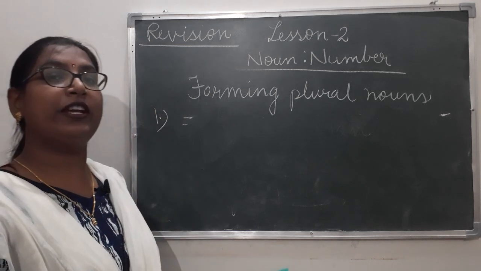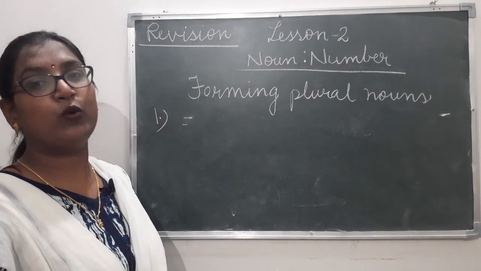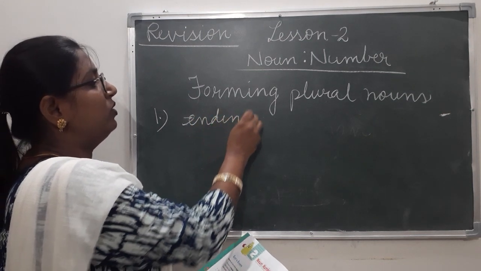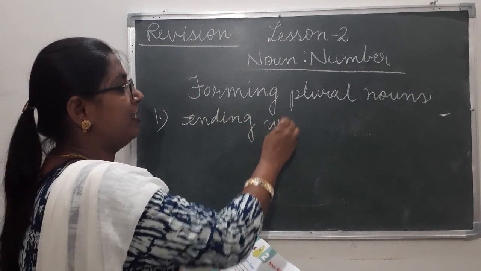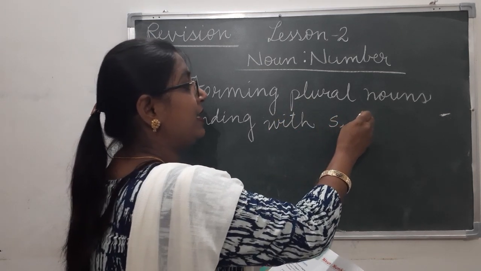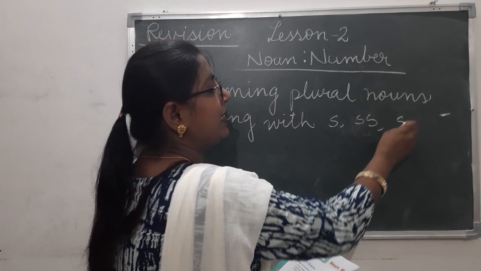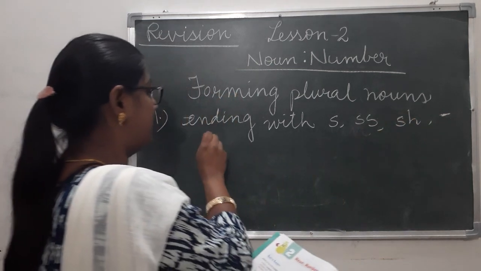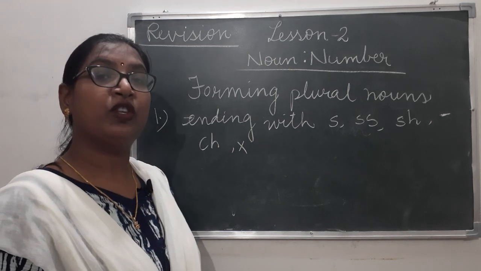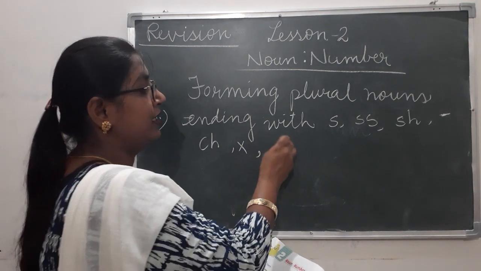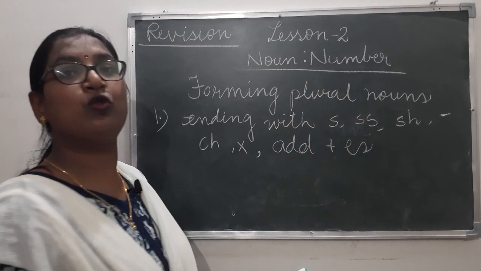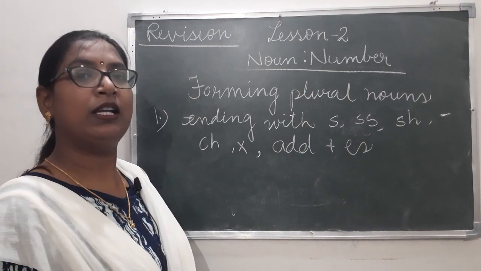The first rule is when the noun is ending with S, SS, SH, CH or X, we add ES with the noun to make it plural.